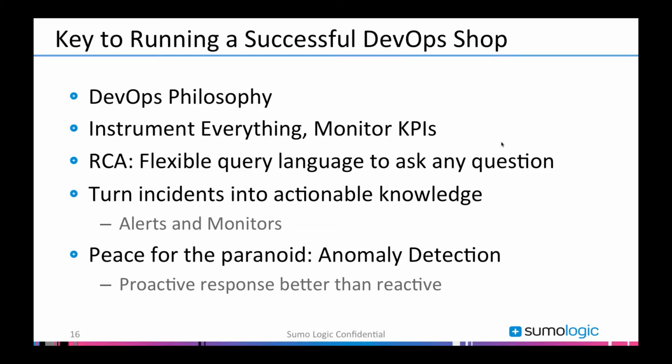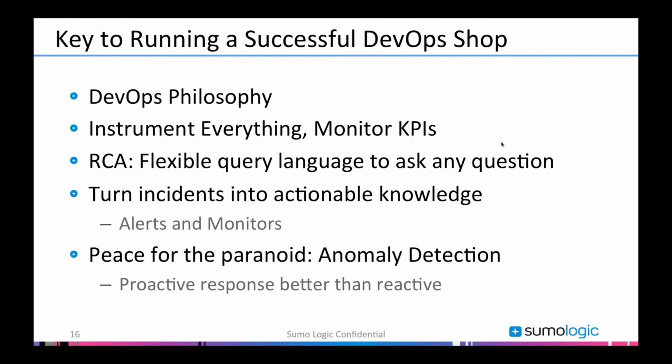And whenever something turns red, you can immediately dive in and try to determine a root cause, do a root cause analysis, figure out why it happened. Once you figure out why it happened, then you can turn it into an alert. So whenever that thing happens again, you can get paged and you can react to it very proactively. So it reduces the MTTI and MTTR because now you get very real-time notification and you can build playbooks around it to respond very actively.